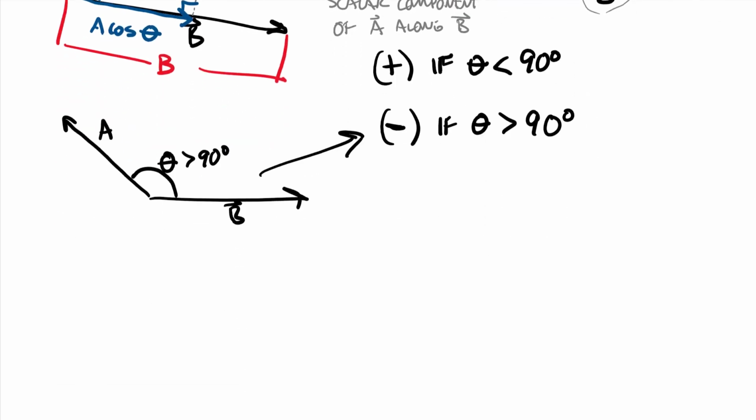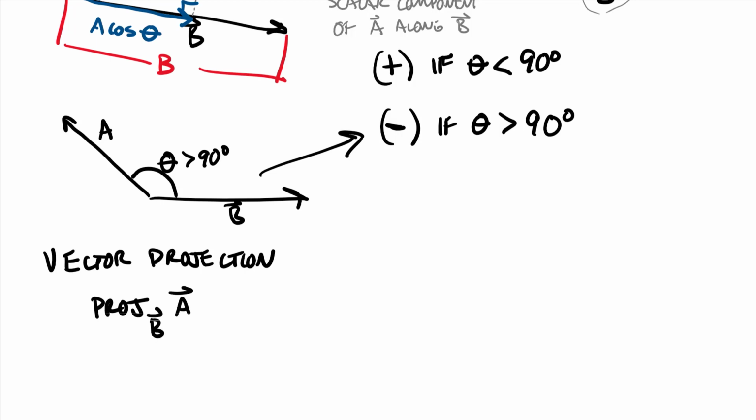Okay, so if instead of a scalar value, a scalar magnitude, we want the vector projection, we can write that as proj of still A along B, so B is like a subscript.